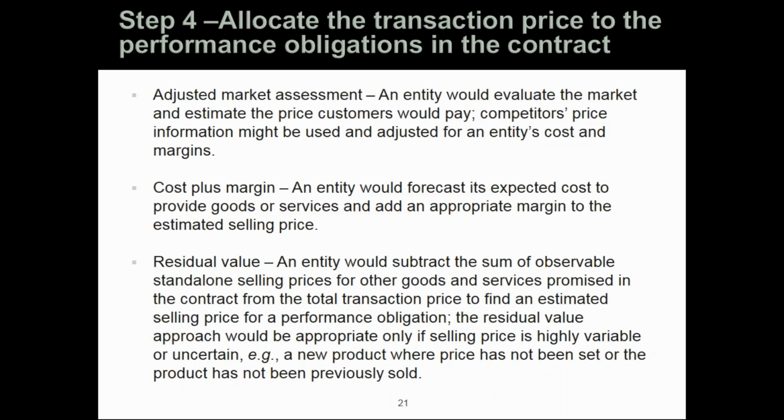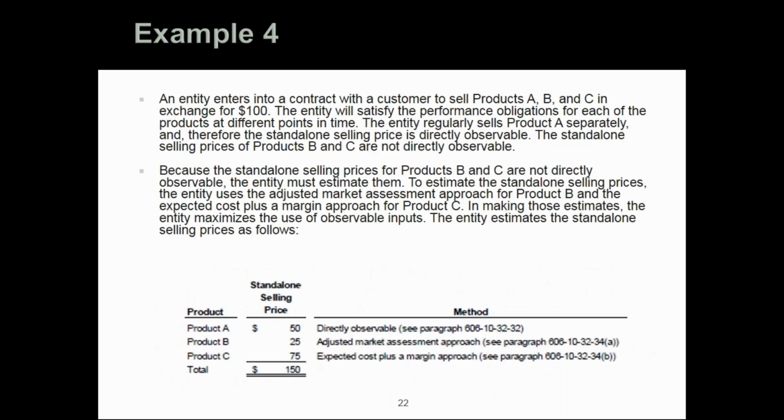So for example 4, an entity enters into a contract with a customer to sell products A, B, and C in exchange for $100. The entity regularly sells product A separately, and therefore the standalone selling price is directly observable.